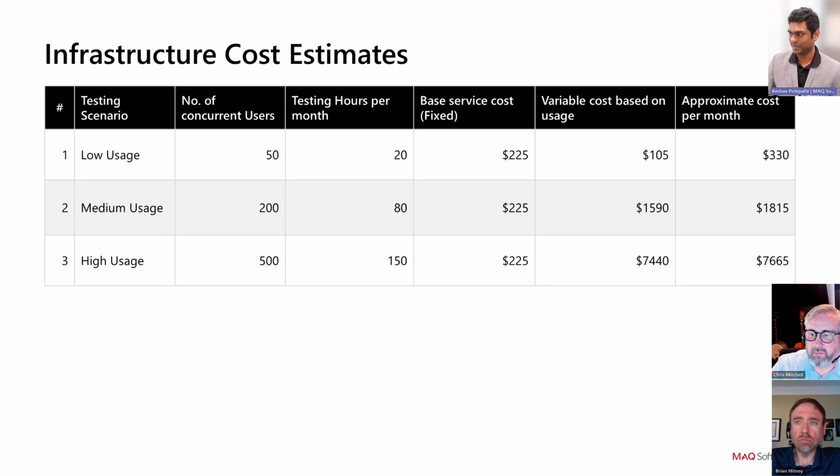We are estimating the cost to be around $7,500 per month. Right. So the moral of the story is it really depends on how much you have to use it for and for how long. I would anticipate in normal development cycles, there will be a phase where you're doing some load testing where you're trying to figure out how to size the environment appropriately, and then you'll be done.